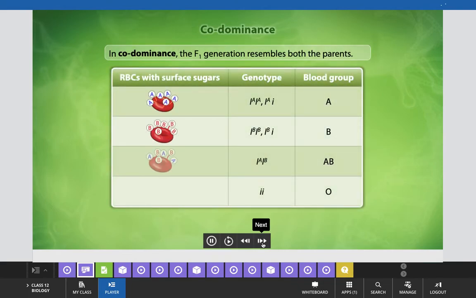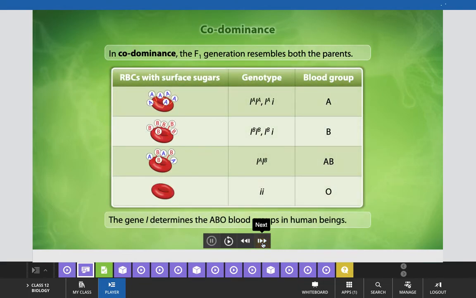Now, another deviated result has been seen in the case of the human population, where scientists have given this new phenomenon, which deviates from Mendel's complete dominance, that is codominance.